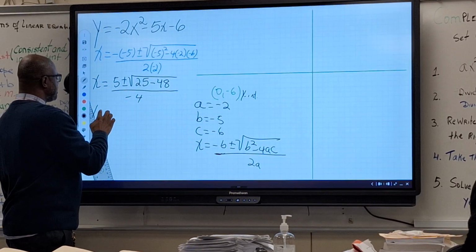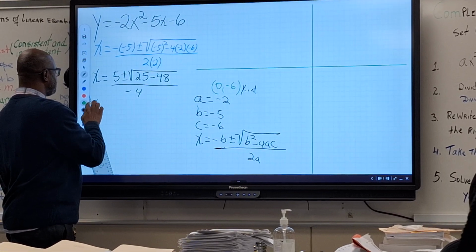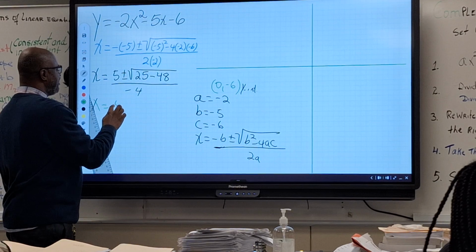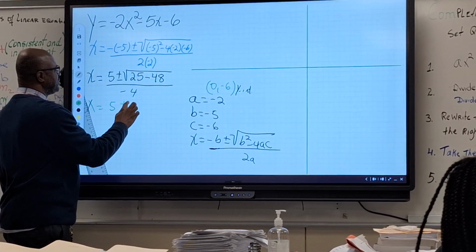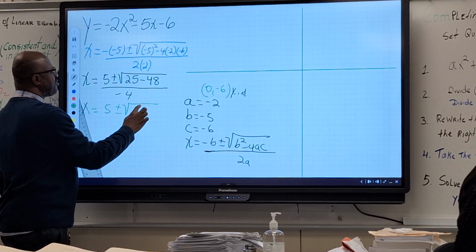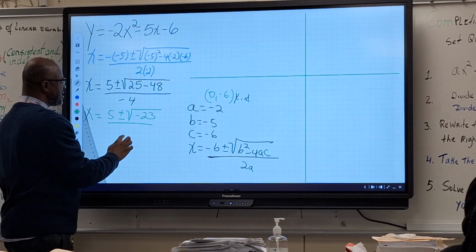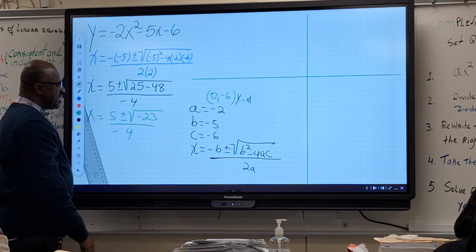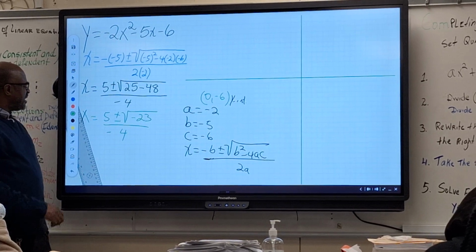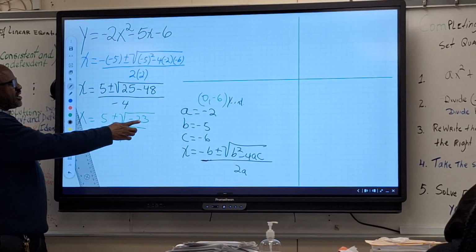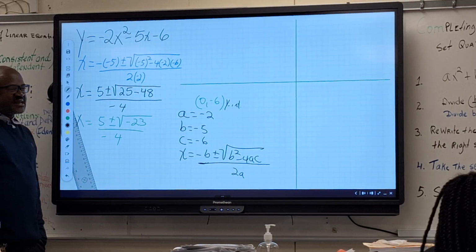I will have x equals 5 plus or minus the square root of negative 23, over negative 4. As you can see, my radical is negative.